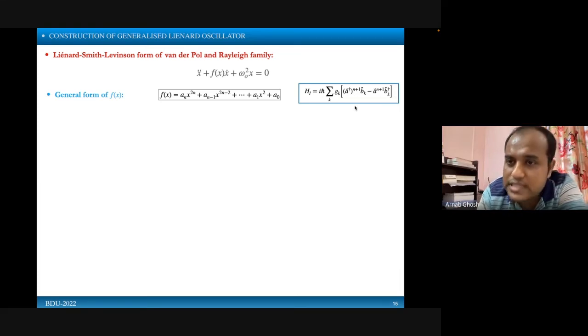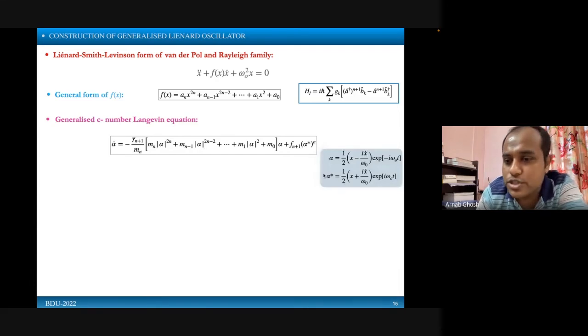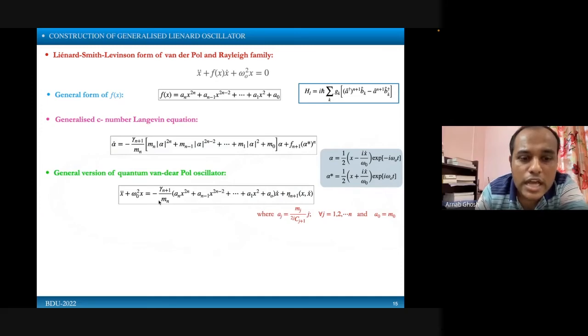If you use this as your starting interaction Hamiltonian, from there you can derive your generalized C-number Langevin equations, which recover this form, and after proper substitutions for the standard van der Pol oscillators, you can derive your generalized versions of these quantum van der Pol oscillators, although noisy.